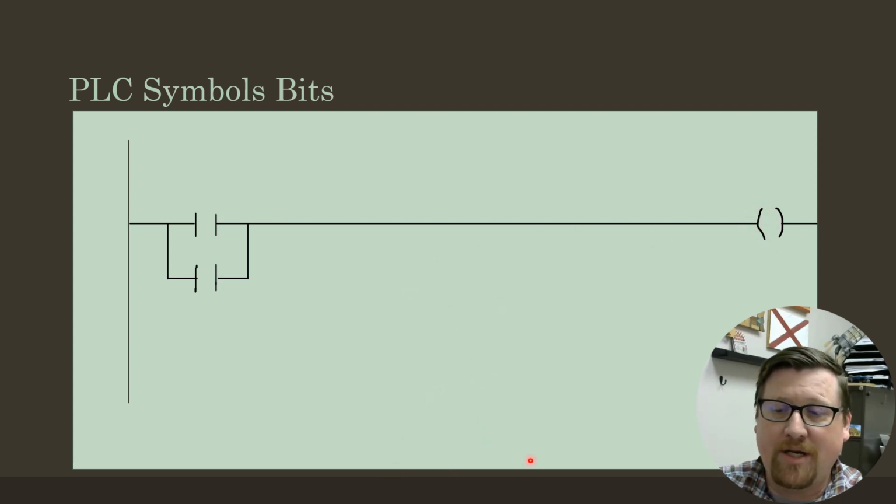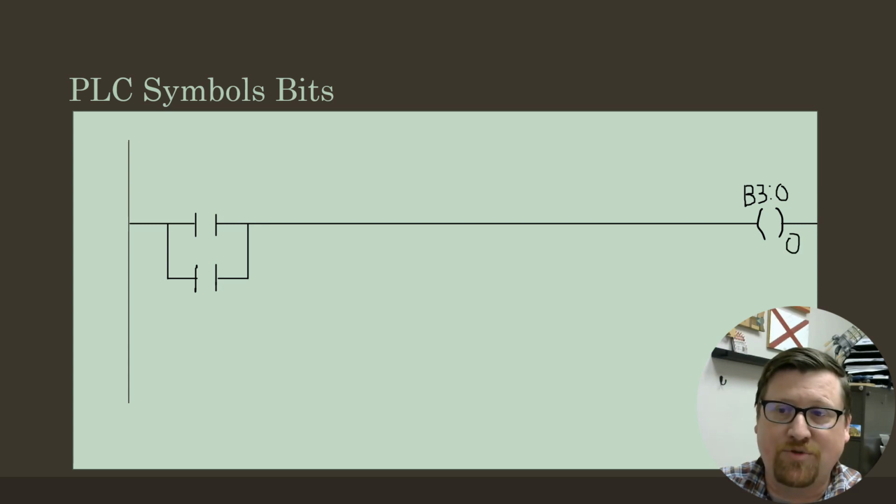And so when we need something like that, I'm going to use a bit. And so a bit is just an address. So if you see B3, it'll be followed by a data address.